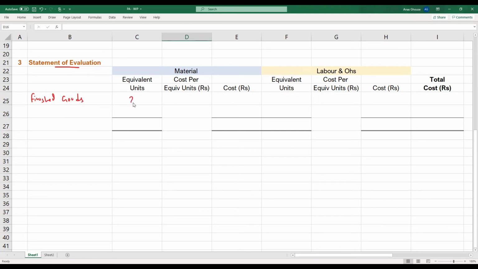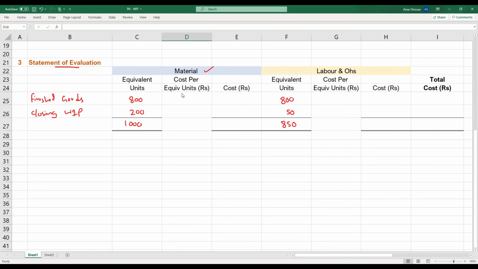The equivalent units were 800 and closing work in progress 200. This is with regard to material, which is 1000. And under labor, the equivalent units with regard to finished goods 800 and closing work in progress 50. So the total equivalent units will be 850.